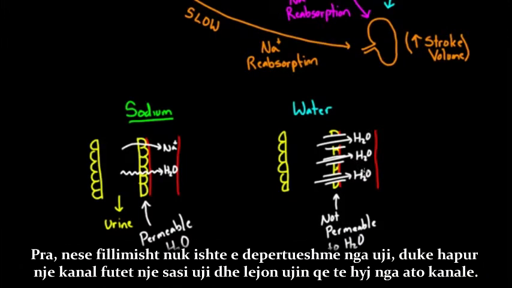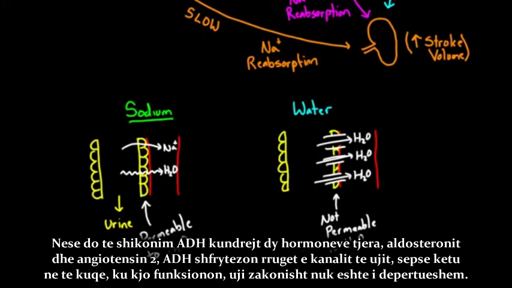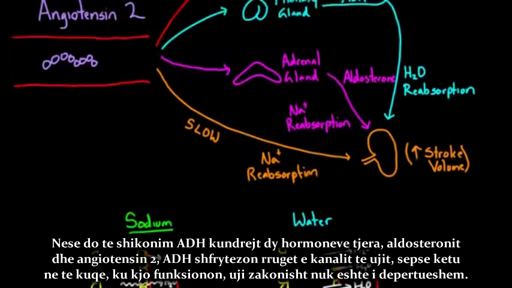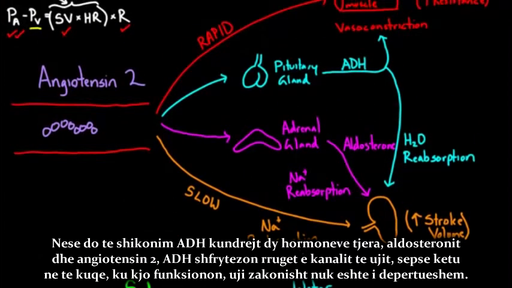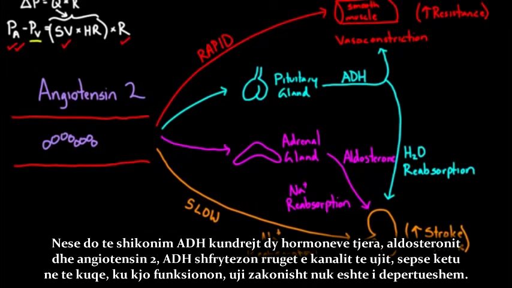You say, okay, well, that's the better strategy for getting water in this case. So if it's initially not permeable to water, throw in a bunch of water channels and allow that water to get through using your own channels. And so that's basically what the difference is. If you look at ADH versus the other two hormones, aldosterone and angiotensin 2, ADH is using the water channel approach because here, I'll write in red, here where this works, the water is usually not permeable.